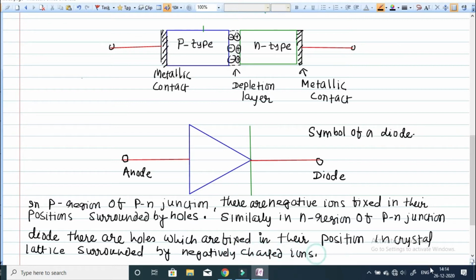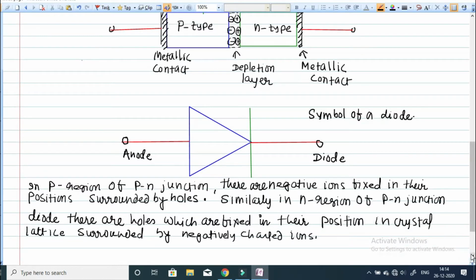Now when p type and n type are brought in contact with each other, then what will happen?